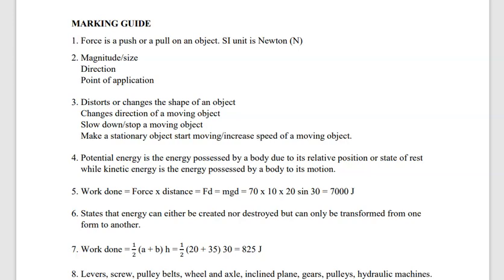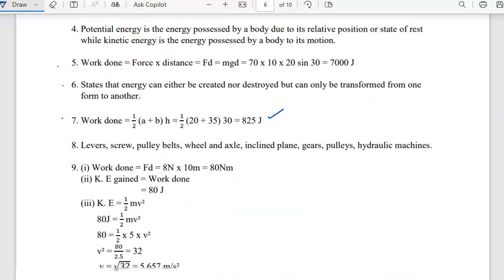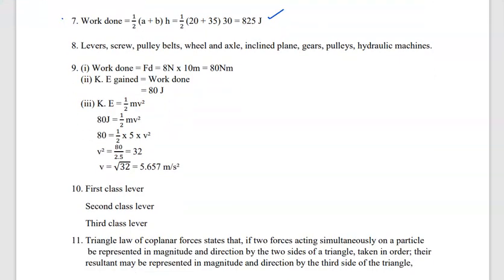This is just a simple guide of the workout for the questions. We have number 1, number 2, number 3, 4, 5, 6, 7. You just pause and take a screenshot or just follow through. Then this is number 8. This is number 9.